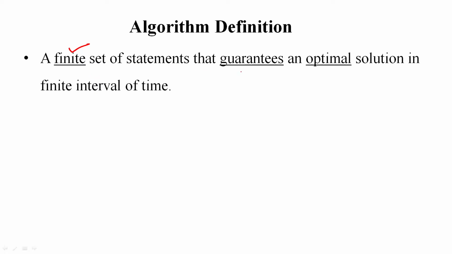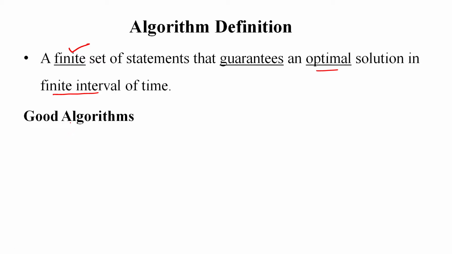Those statements guarantee to provide an optimal solution to the given problem statement in a finite interval of time. So the algorithm is having a set of statements that should provide the best solution for the given problem statement within a given interval of time.